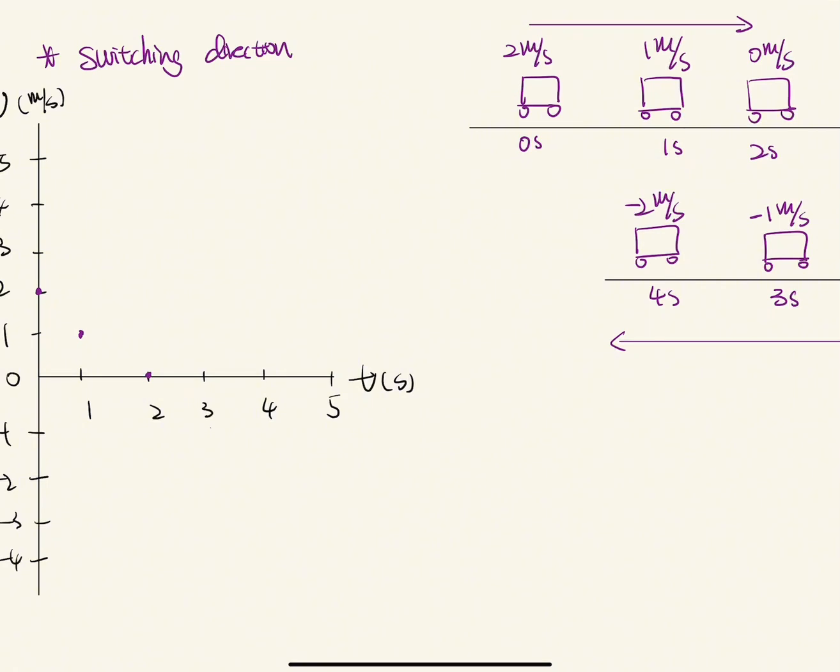And we can see here, for 3 seconds and 4 seconds, the car actually changed its direction. So whenever a car changes direction in a VT graph, what I like to do is separate it into two parts. So at 3 seconds, it's -1 meters per second, and at 4 seconds, it's -2 meters per second. We can connect the data points to get a line here.